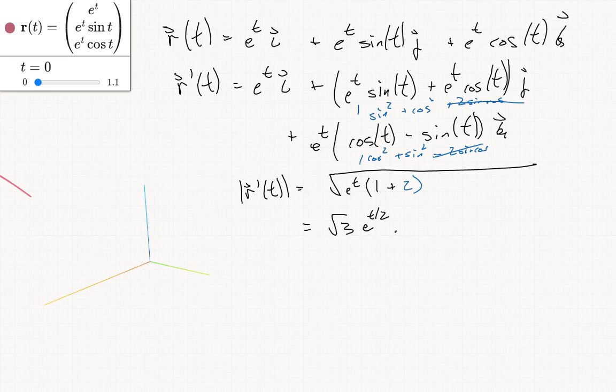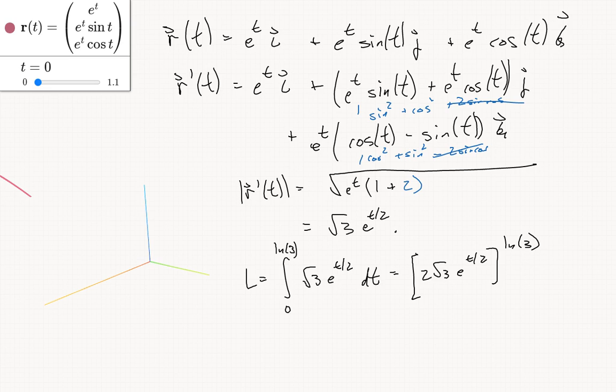Now let's integrate that from, let's say, 0 to ln of 3. So the integral of root 3 e to the t dt. This will be root 3 e to the t evaluated at ln of 3 and 0.